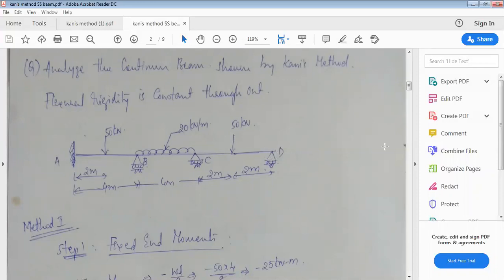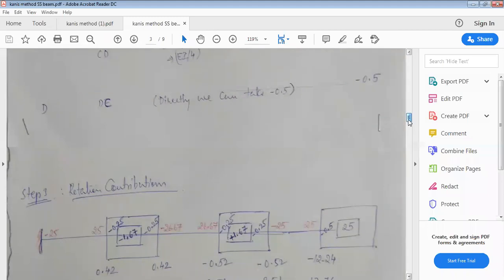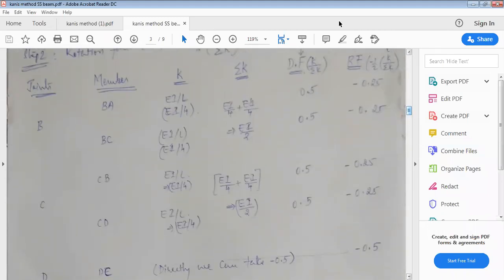Minus 0.5. Here we don't have an extension for D, so I am taking the D value as minus 0.5. At any joint, if you sum these two, you will get minus 0.5. If you sum these two, you will get minus 0.5. If you sum this, it's only one joint, so you will have minus 0.5. You can take it directly.